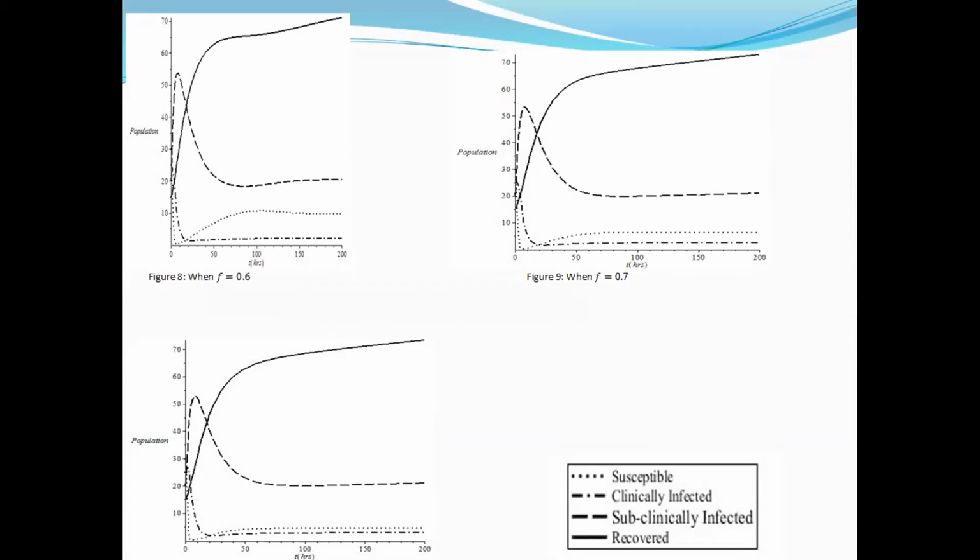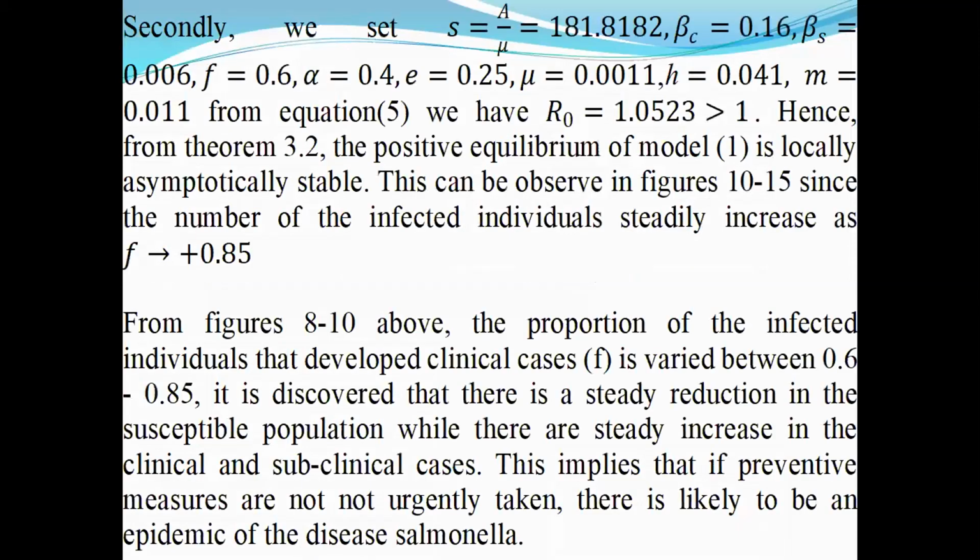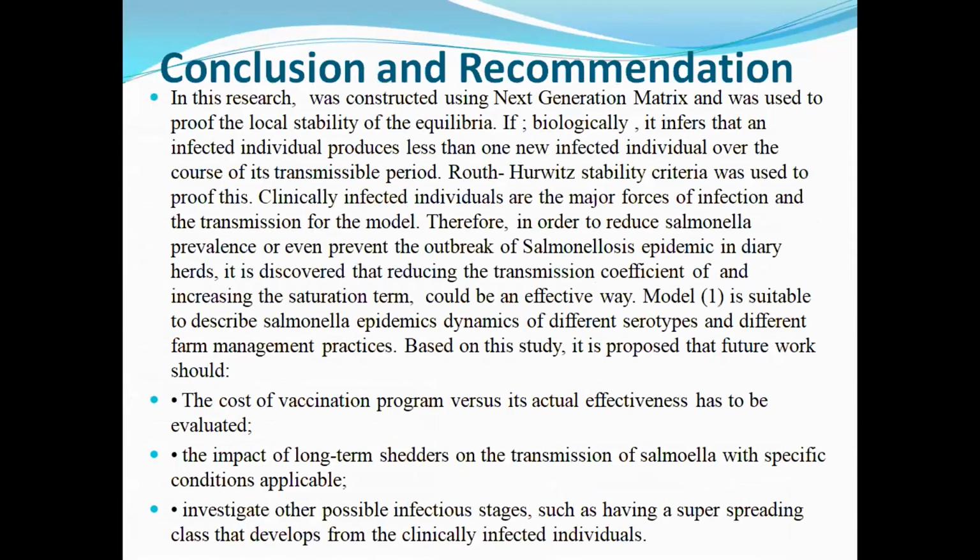That means if quick action is not taken, there is a possibility that there will be an epidemic of the disease. And the only thing that can be done to reduce the menace of salmonella in the population is to increase the information, that's sensitization, and also reduce the clinically infected people.